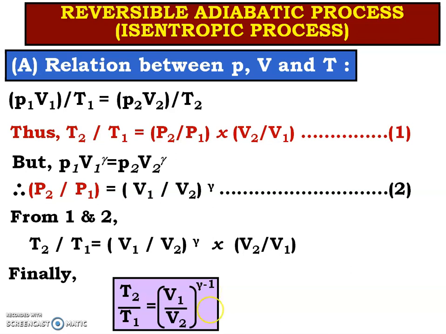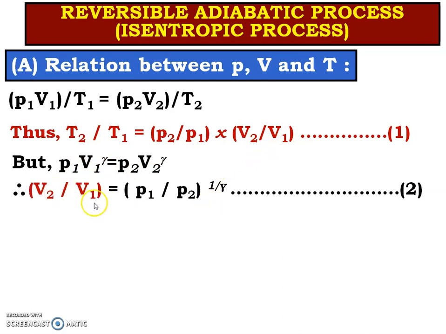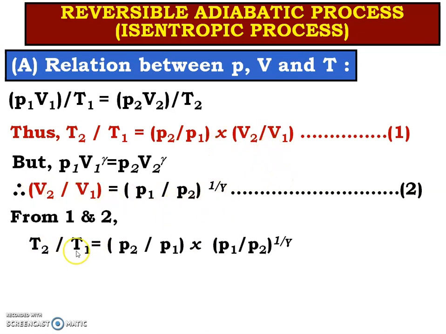Again use the same methodology. P1V1 raised to gamma is equal to P2V2 raised to gamma. Now find out the value of V2 by V1 from this equation and put it in equation number 1. So V2 by V1 is equal to P1 by P2 raised to 1 upon gamma. So T2 by T1 is equal to P2 by P1, as it is, multiplied by P1 by P2 raised to 1 upon gamma.